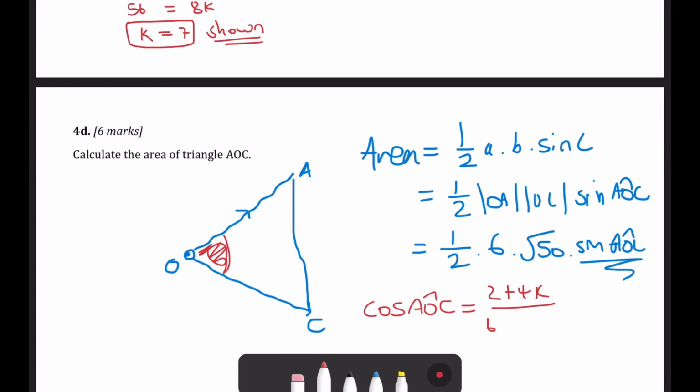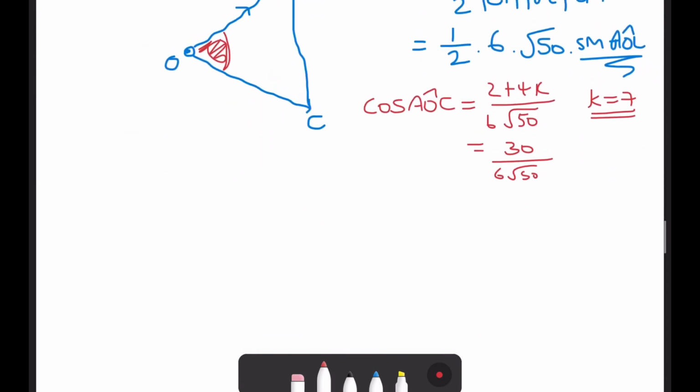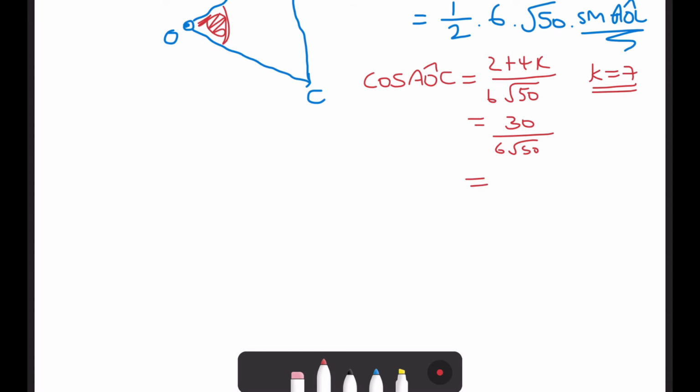And we know that the magnitude for OC now is root 50, so I no longer need to put root 1 plus k squared. I can just do root 50, which is therefore going to equal, well, k is equal to 7, so that's going to be 2 plus 28, so it's going to be 30 over 6 root 50. So if we simplify that, we're going to get 30 divided by 6, it's going to be 5 on the top and root 50 on the bottom.